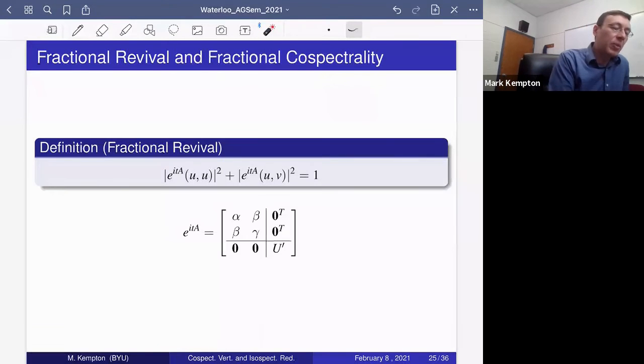Fractional revival says that in this e to the itA matrix, the UU entry absolute value squared plus the UV entry absolute value squared equals 1. This is a generalization of perfect state transfer: if the UU entry is 0, then you have perfect state transfer. And similar to perfect state transfer, this boils down to my e to the itA matrix at time t having this block diagonal decomposition.